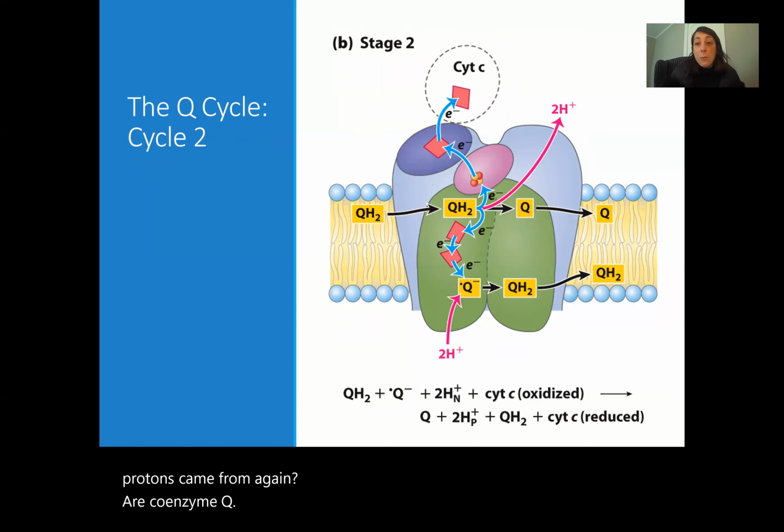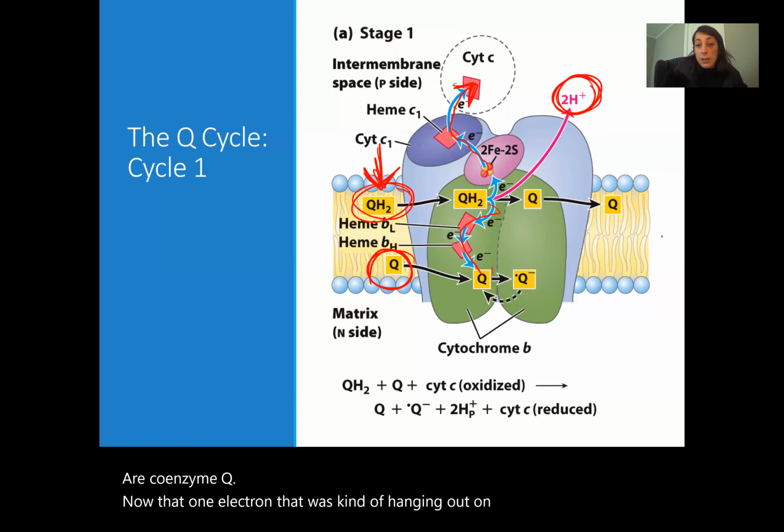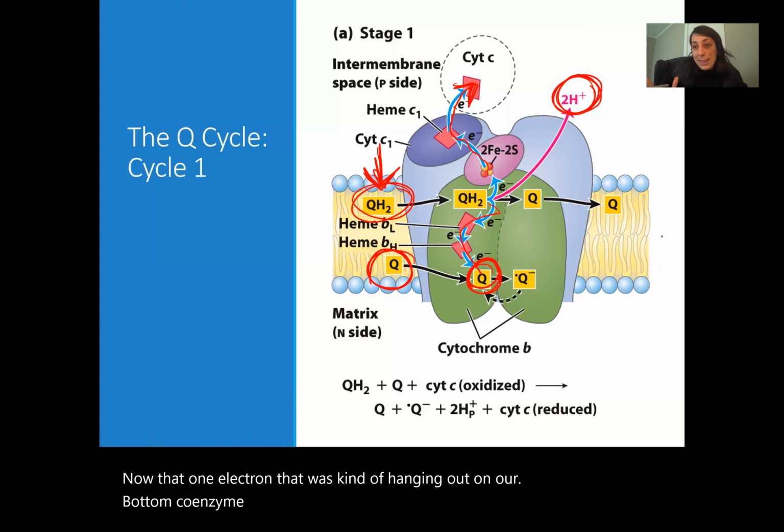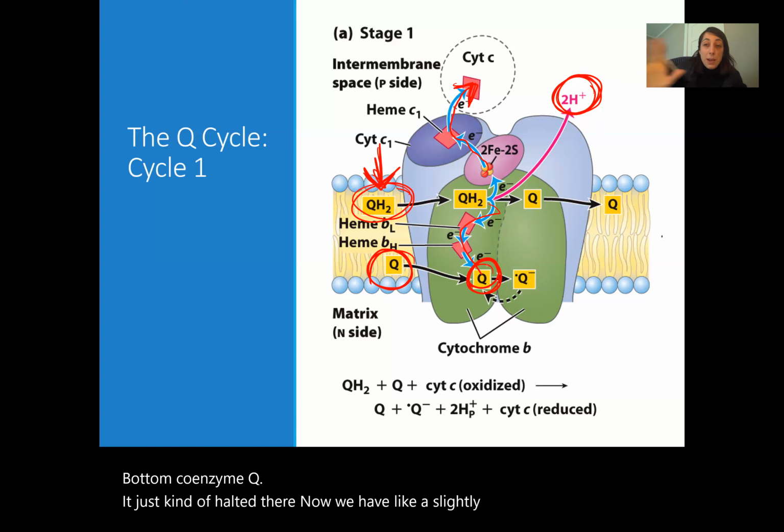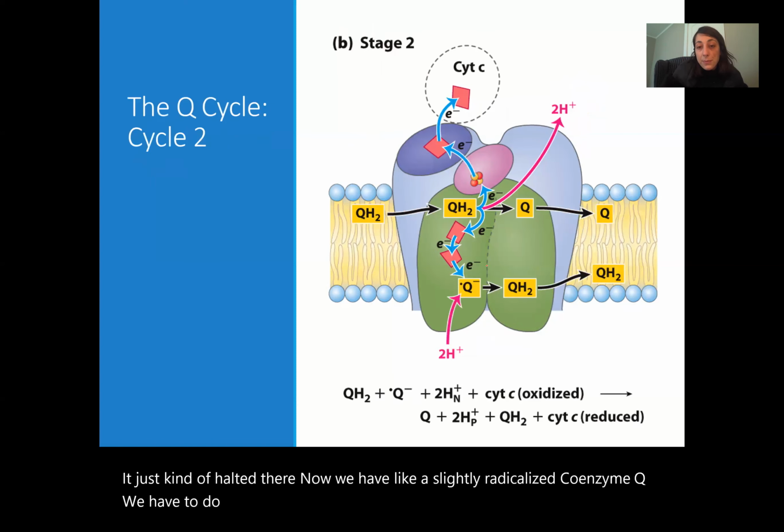Now, that 1 electron that was hanging out on our bottom coenzyme Q, it just halted there. Now we have a slightly radicalized coenzyme Q. We have to do something with that one.